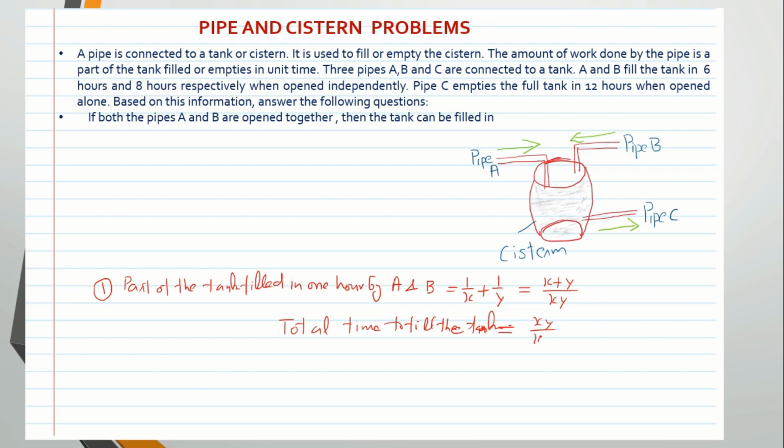So now x is given to you, you just check it out. A can fill it in 6 hours and B can fill it in 8 hours. So here we can write 6 into 8 upon 6 plus 8. So we are getting 48 upon 14, so 24 upon 7 hours, if you simplify it further.